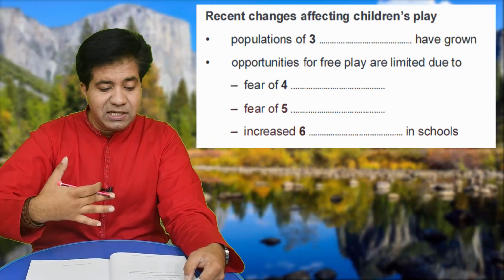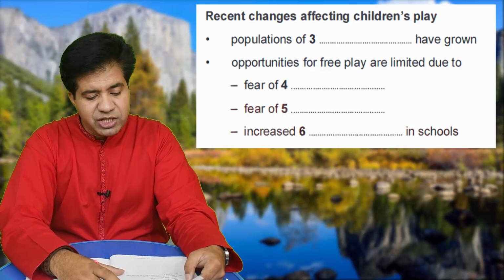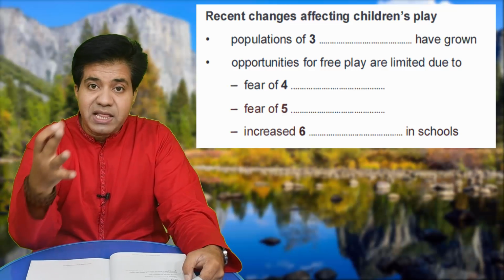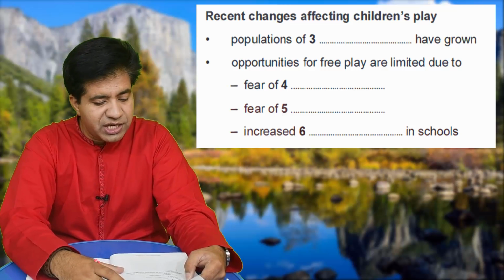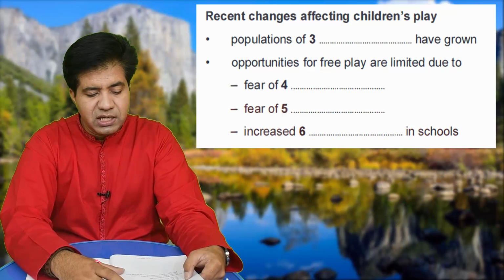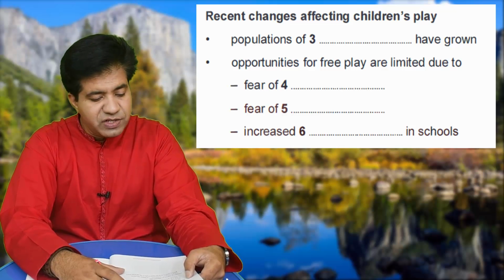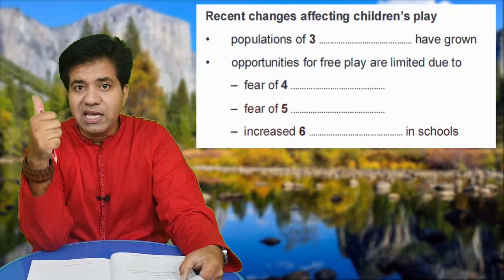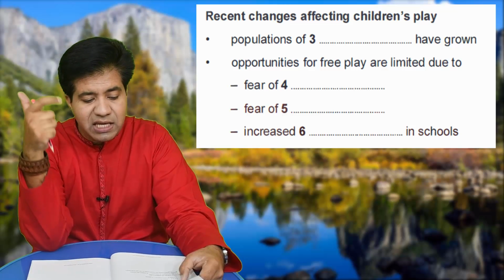Now the second main heading is recent changes affecting children's play. Now you got to see where in the passage they talk about these recent changes which are affecting children's play. In these recent changes, first is population of dash have grown. Now two important things. One is population and second is grown.